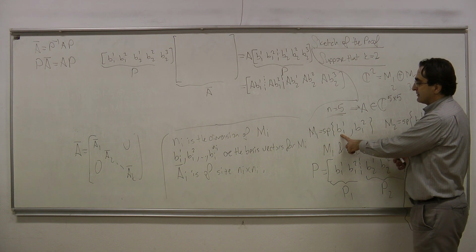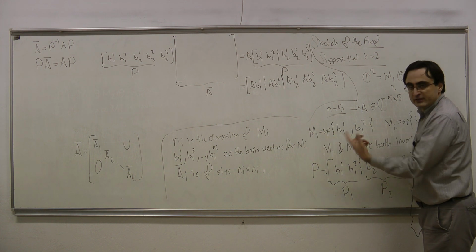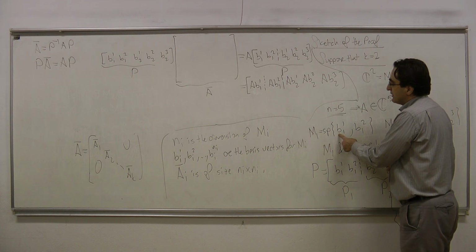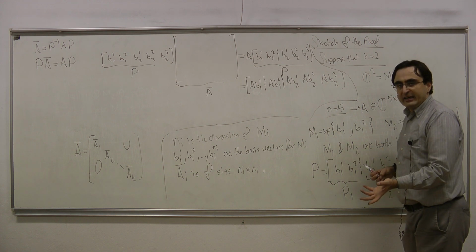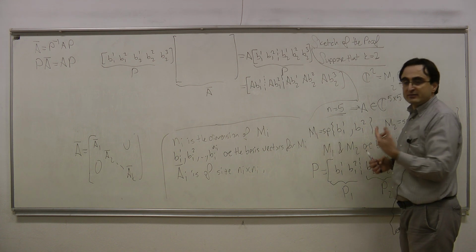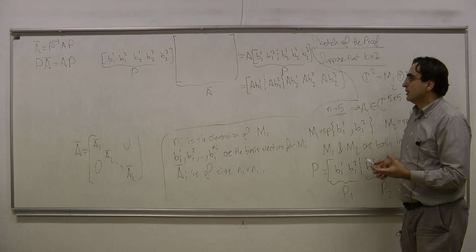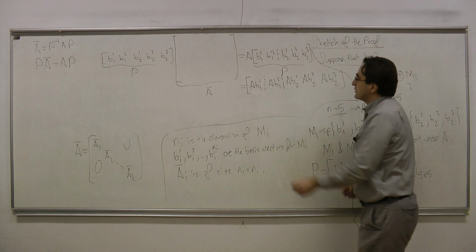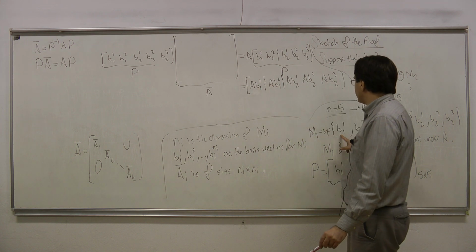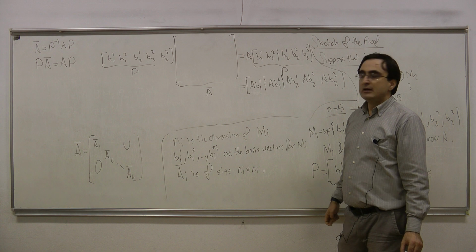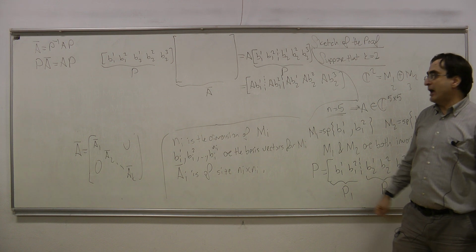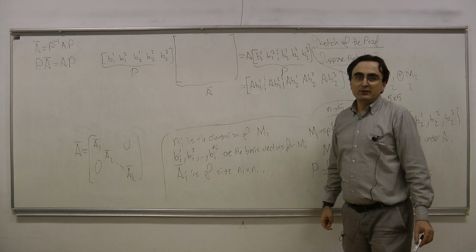Okay? That is the meaning of invariance. The first basis vector is, of course, in M1 because it's a basis vector of M1. Okay? And when I multiply this first basis vector with A, I am obviously going to obtain a vector in M1 because M1 is invariant under A. Okay? So here this first column of the matrix is nothing but B11, the first basis vector, multiplied by A. And therefore this multiplication, because M1 is invariant under A, should be an element of M1.